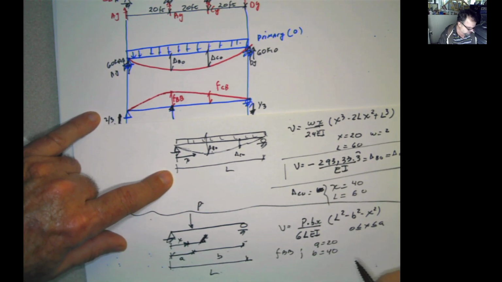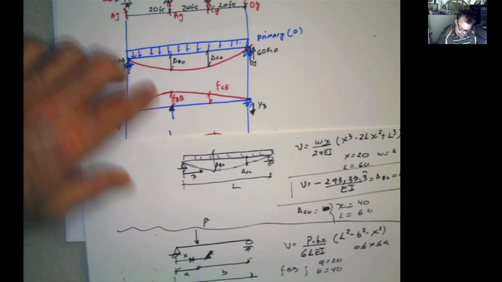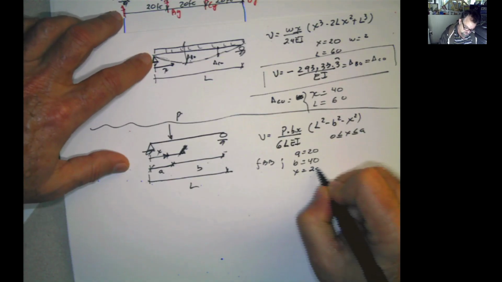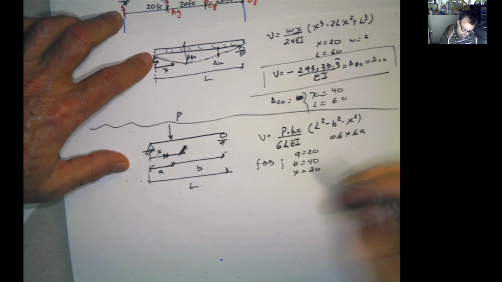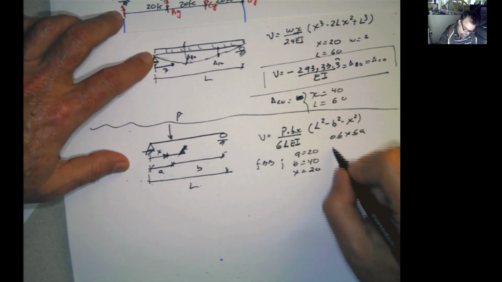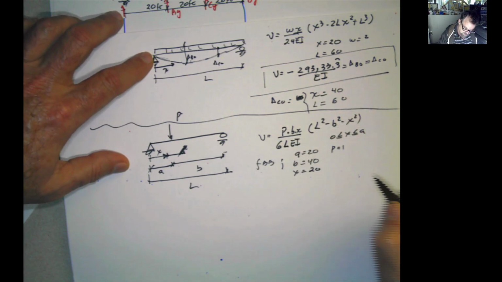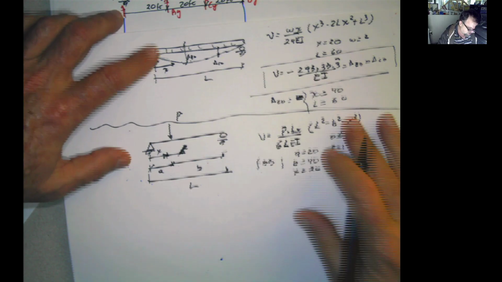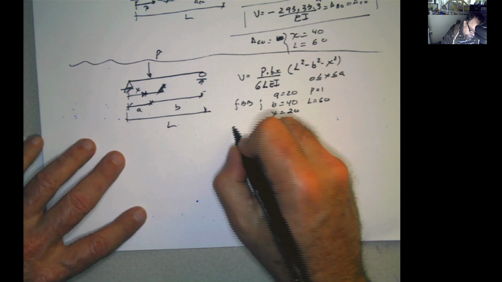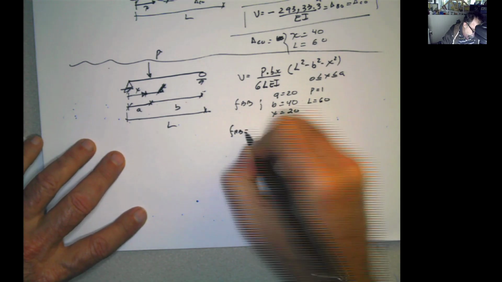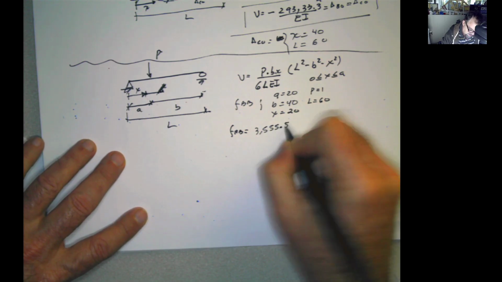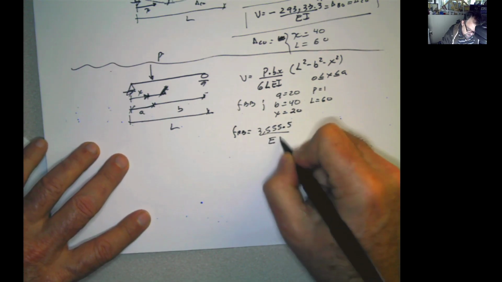And X is the value where I want to calculate the deflection, which is exactly at the point, so X will also be 20. And of course, the value of the force is 1, and L is 60. So once I put this into the equation, I come with FBB equals 3555.5 divided by EI.